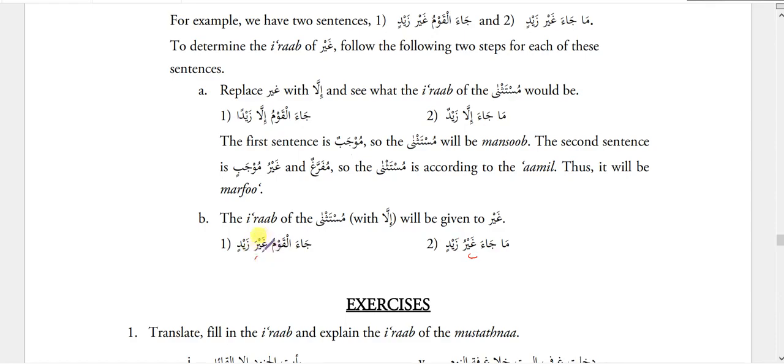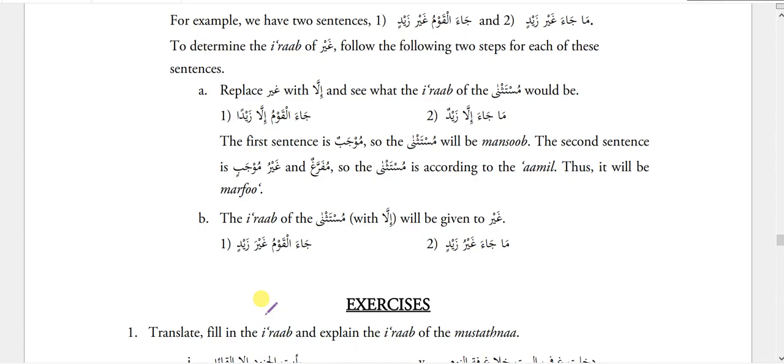But here we are talking about the i'rab of ghaira, because sometimes ghaira is ghairu with ra having pesh on it, sometimes ghaira with zabar, and sometimes the ra of ghaira has zair. The i'rab of the ra in the word ghaira keeps changing. It is harf, but it is not actually mabni. Its i'rab changes in different situations.